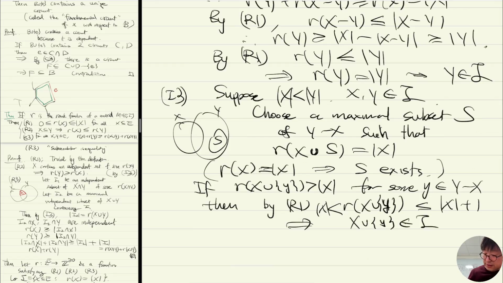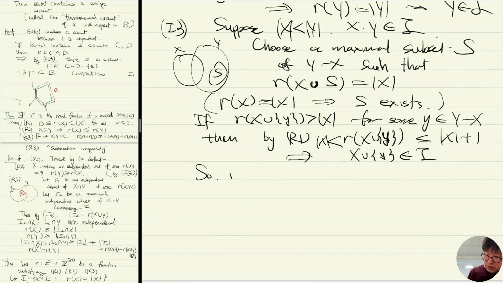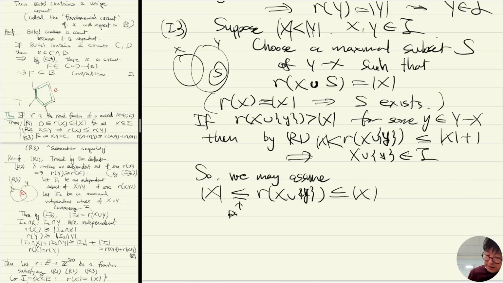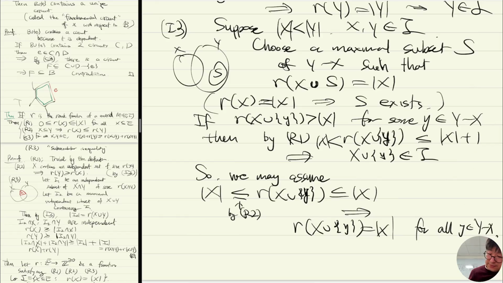So then we are done, right? This is what we want. So we may assume rank of X union y is at most size of X, and I knew that it's already at least this because rank is an increasing function, so this is by R2. So rank of X union y is equal to size of X for all y in Y minus X.